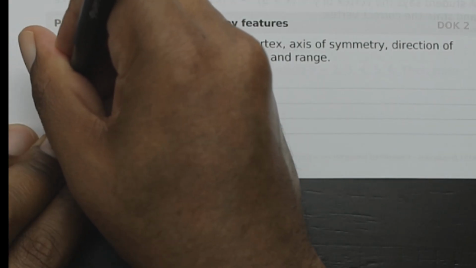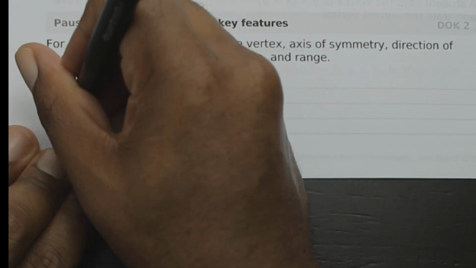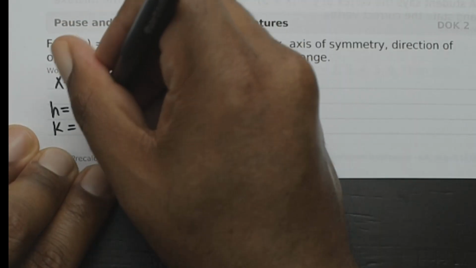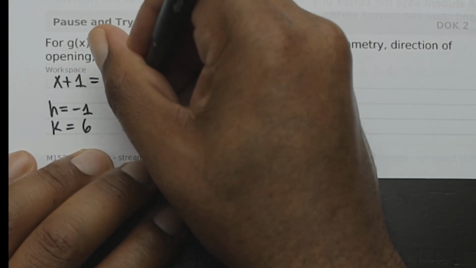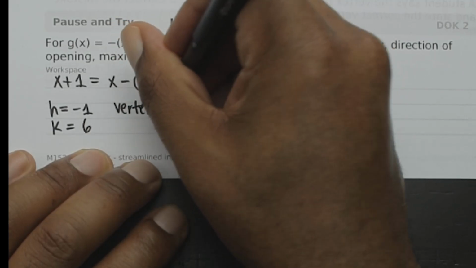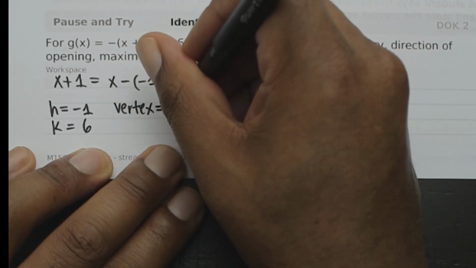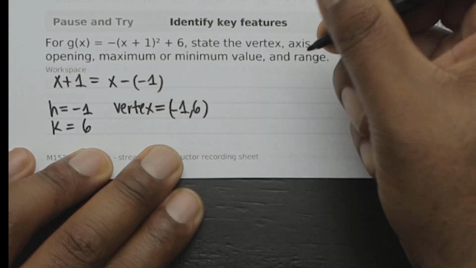So h in this sense would be negative 1, and k would be a positive 6. So our vertex is negative 1, comma 6.